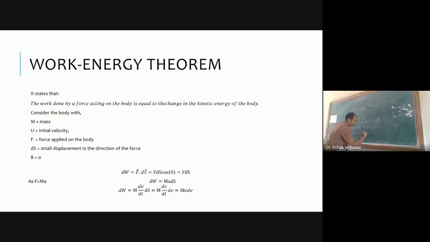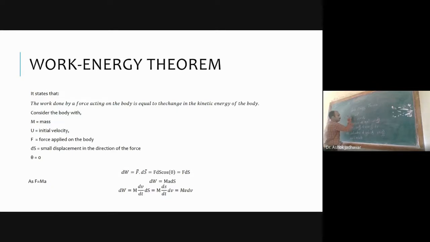Velocity is v is equals to ds by dt. I can substitute this velocity term in the equation of dW, so I can write dW is equals to m v dv. So this is a very small work taking place during the application of force on the object. This is the equation for very small work done.